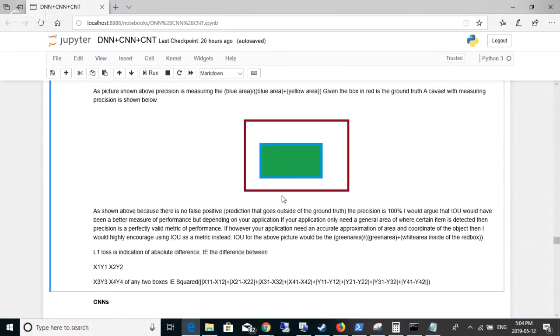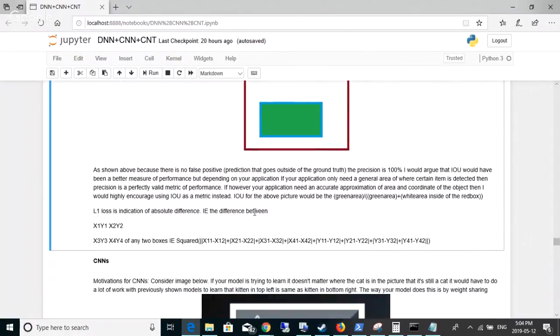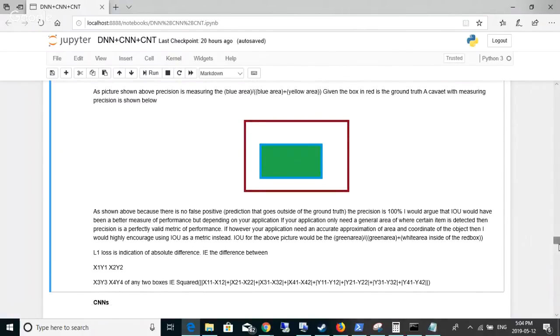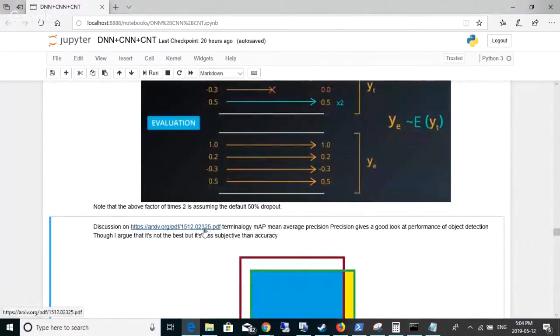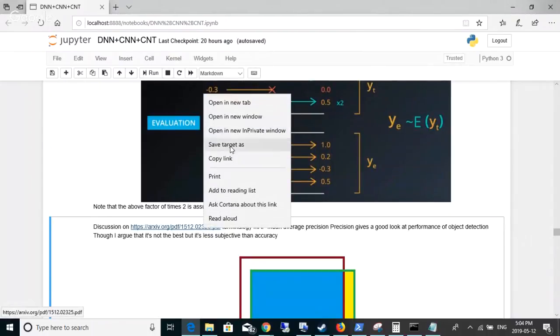And you can see this is not a very high intersection over union if you measure that way. The L1 loss indicates the difference between the bounding box points. So this is actually a pretty large L1 loss. You can see that there's a difference between these four coordinates here, and it said in the paper that the algorithm tries to minimize the L1 loss.